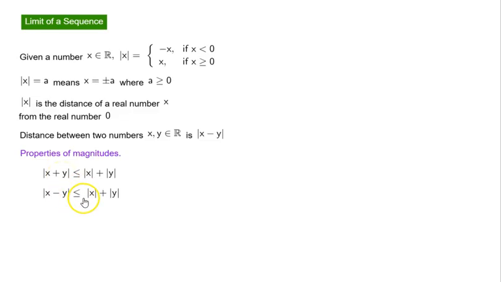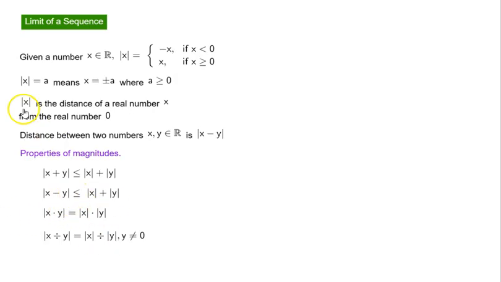And that is why this is also less than or equal to magnitude of x plus magnitude of y. Magnitude of x times y is equal to magnitude of x times magnitude of y. Magnitude of x divided by y is equal to magnitude of x divided by magnitude of y, where y is not equal to 0. This is very important to understand.